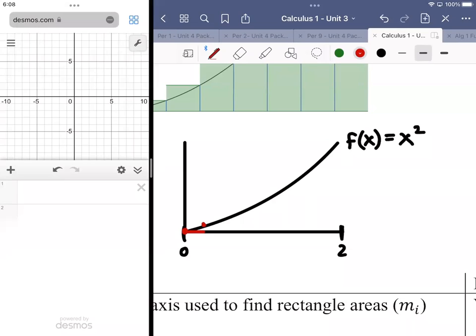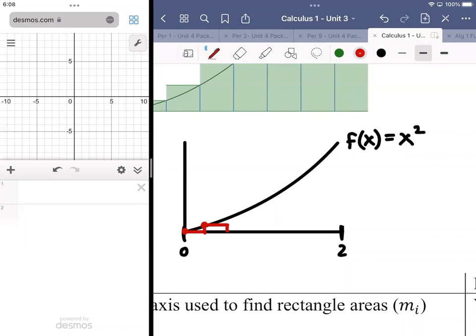But then I could create another point and let that be the upper left-hand corner of the rectangle. And actually, as I'm looking at my diagram, I think I might have actually put them backwards. That's aggravating for me anyway, but I'll fix that in a minute.